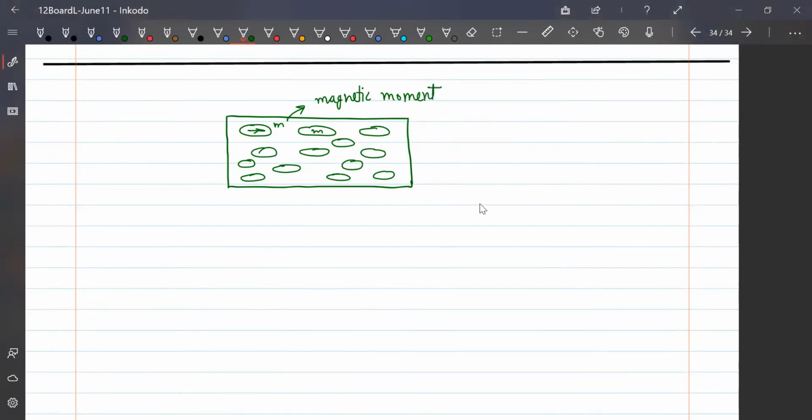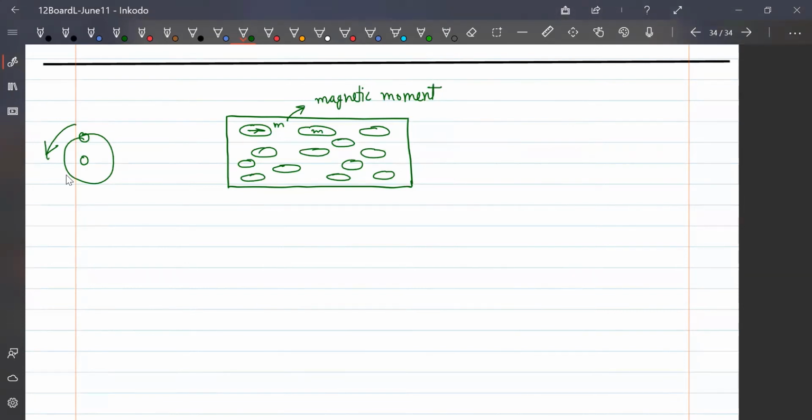As I said, hydrogen atom में जैसे होता है, hydrogen atom में electron revolve कर रहा होता है. So basically a current is flowing around the atom. And current carrying conductor magnetic field generate करता है. It acts as a magnetic loop.